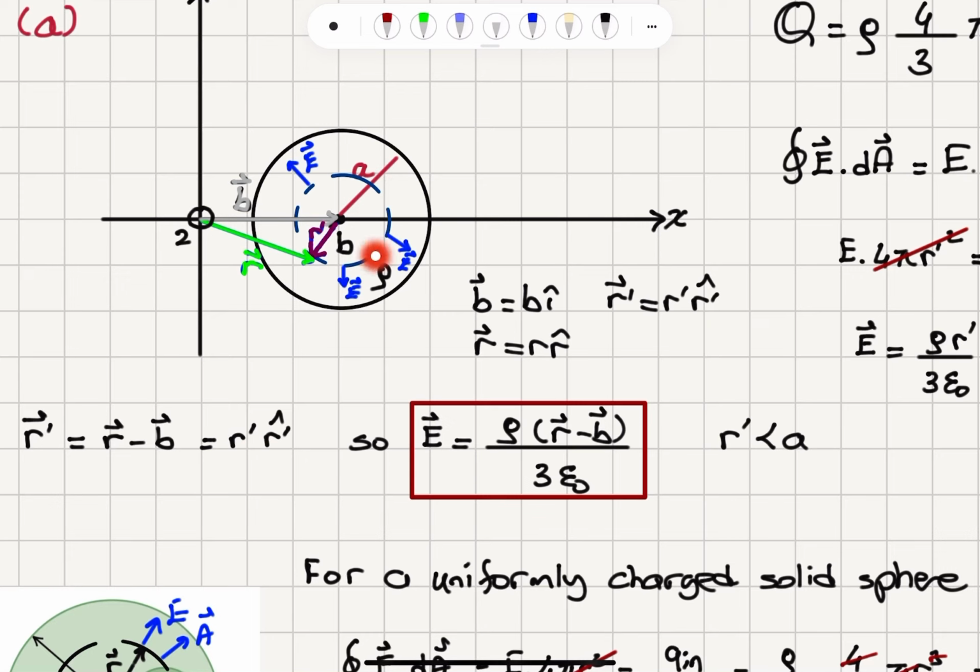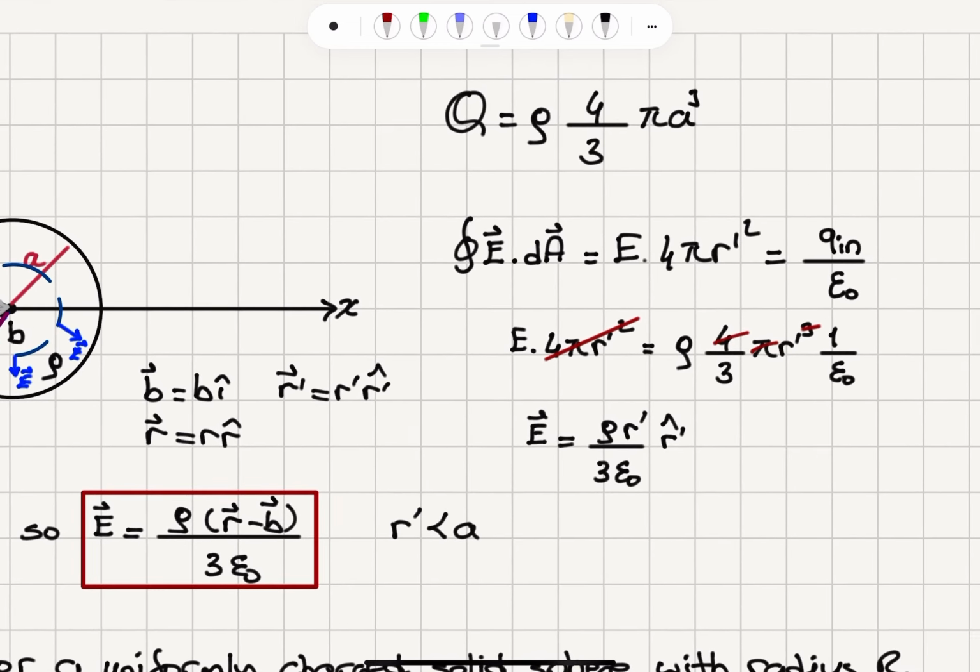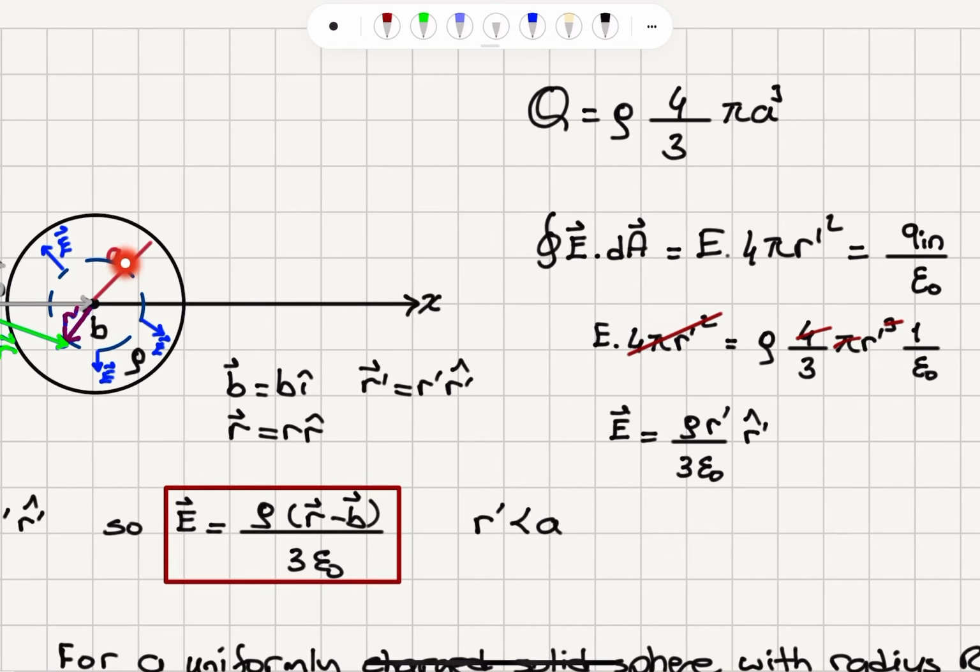So if I take a Gaussian spherical surface, and I note that the electric field and area vectors are parallel and the electric field magnitude is only a function of r prime, so that it is a constant value on this surface, writing Gauss's law, E times 4 pi r prime squared equals the charge enclosed by this surface divided by epsilon 0.